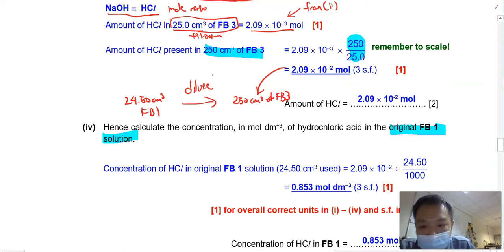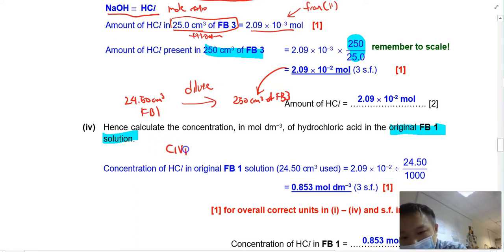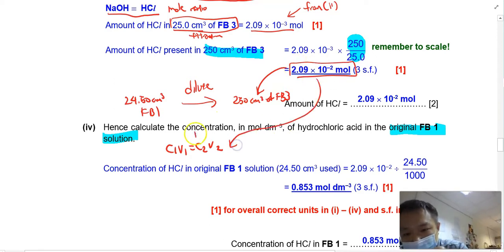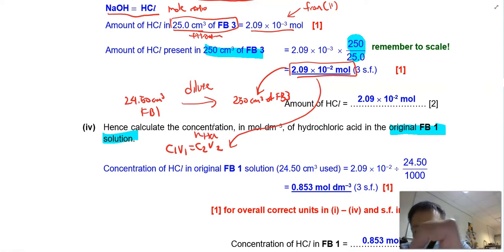The question is, what concept can I apply here? I can apply C1V1 equals C2V2. In this case, for C2V2, we have the number of moles, because the number of moles of HCl before and after dilution, in FB1 and FB3, should be the same. So we know our C2V2, which is the number of moles of HCl, 2.09 times 10 to the power of minus 2.